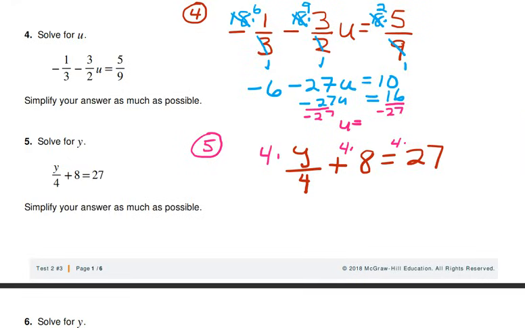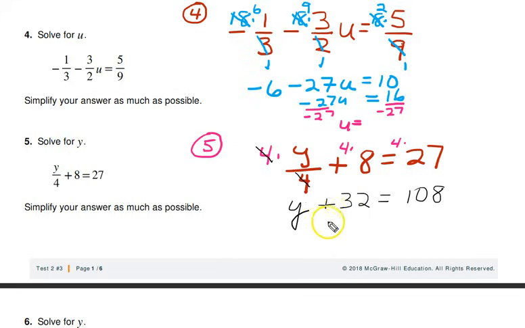Give you some time. So now we do our canceling. 4 goes into 4 once, so these just cancel off, and I end up with a y here. 4 times 8 is 32, and 4 times 27 is 108.